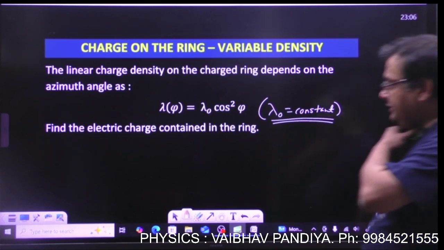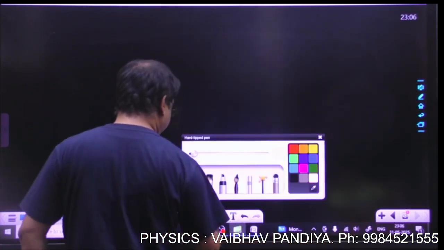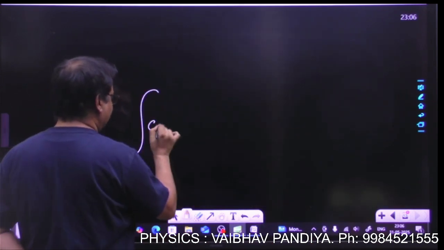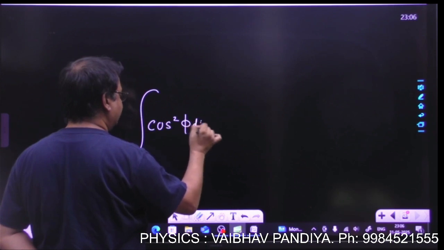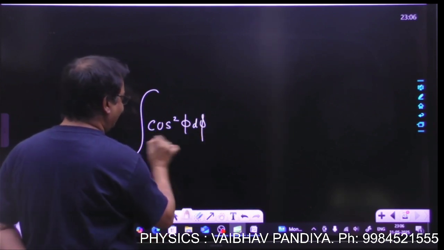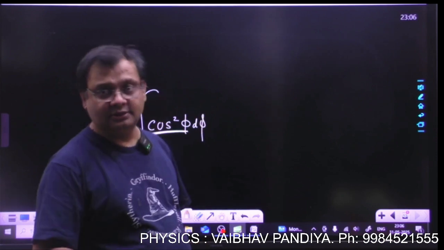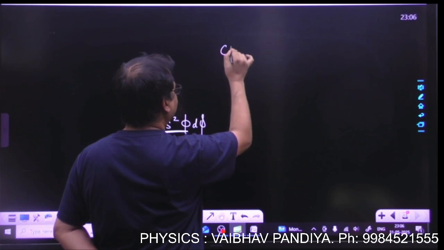Now in this application we will have one integral. I don't know whether you know this integral or not, so just for the recap I'm revising it. Suppose we have to integrate cos square phi d phi, correct? So this is not in the standard list of integrals. Had it been cos phi, then the integral would be sin phi, correct? But this is cos square phi. So we know the formula.